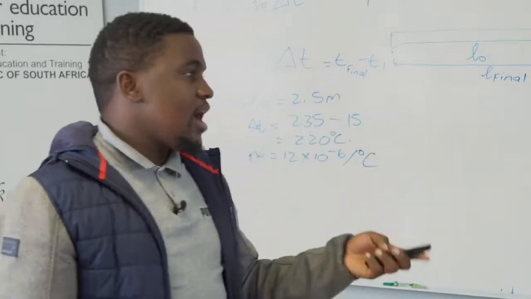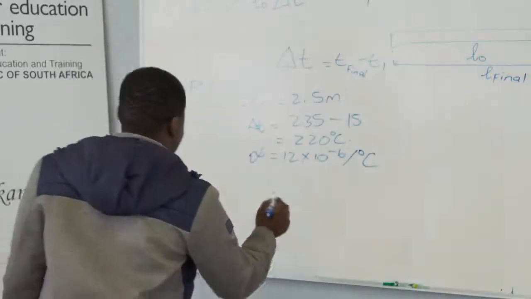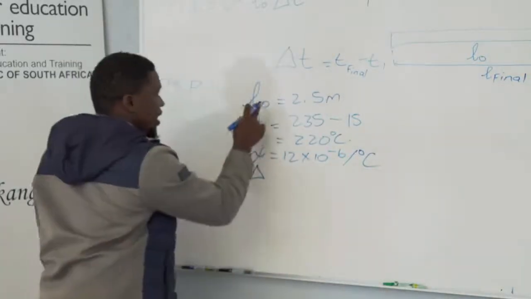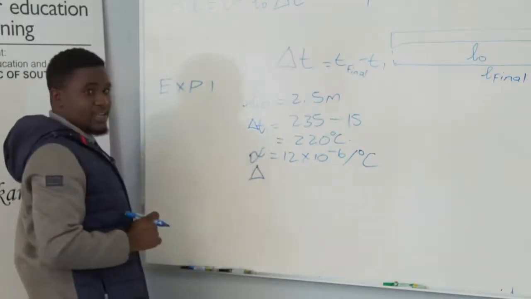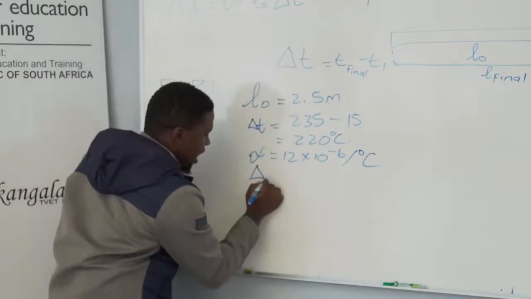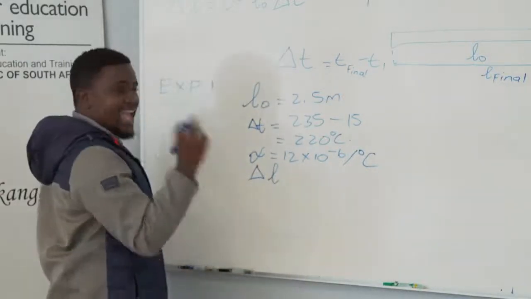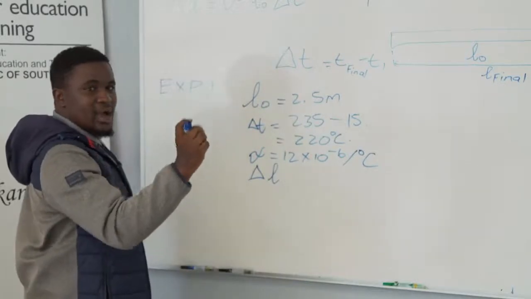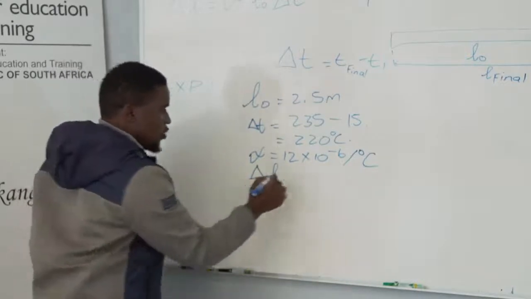What are we looking for as the increase in length? We are looking for delta L. We have our original length, our temperature change, and our coefficient of linear expansion. Now we are looking for our delta L, which is our increase in length, the small millimeters by which our steel pipe is increasing.